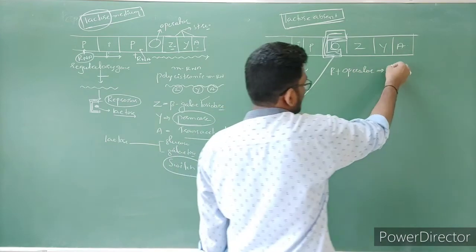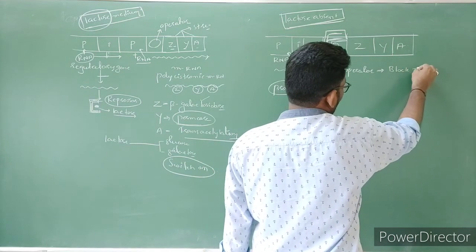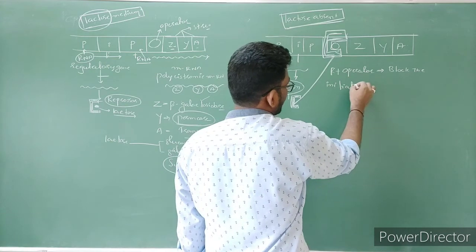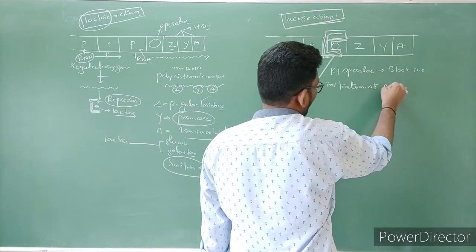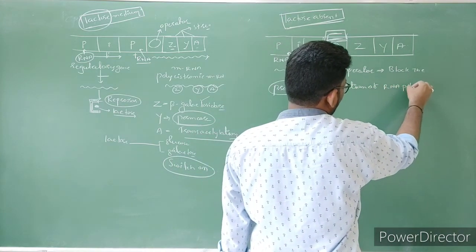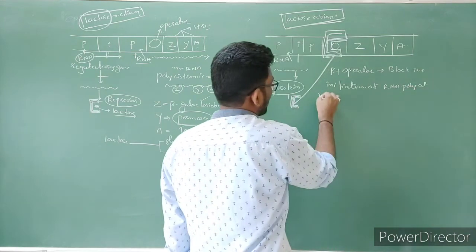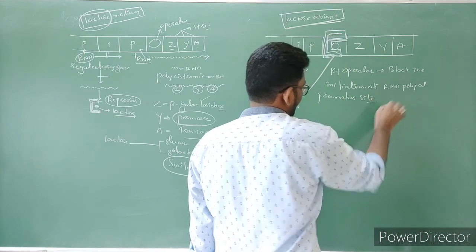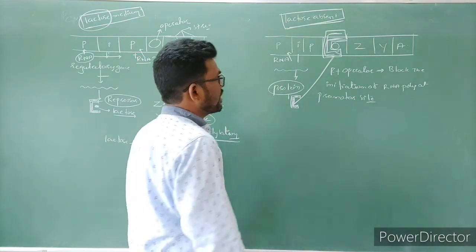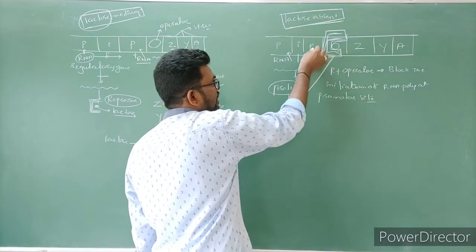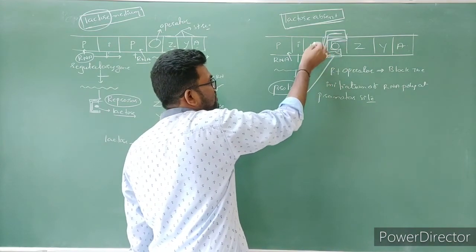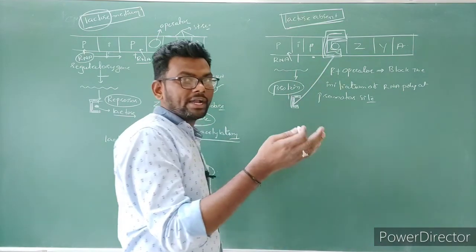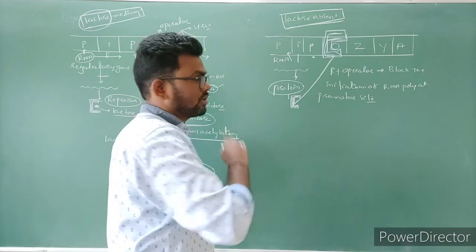If it binds with the operator, it is going to block the initiation of the RNA polymerase enzyme at the promoter site, right? Due to this association, the promoter initiation site is blocked. The blockage has occurred, so the RNA polymerase enzyme is not going to bind with the promoter site.